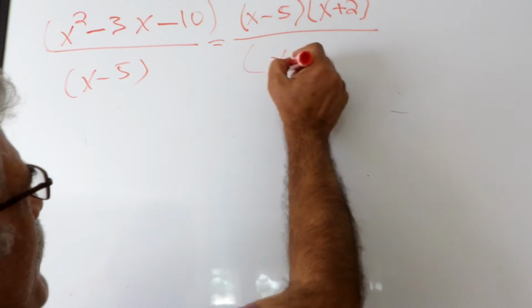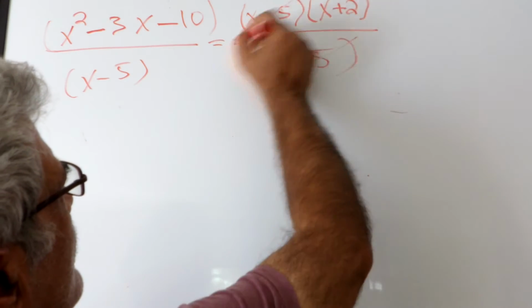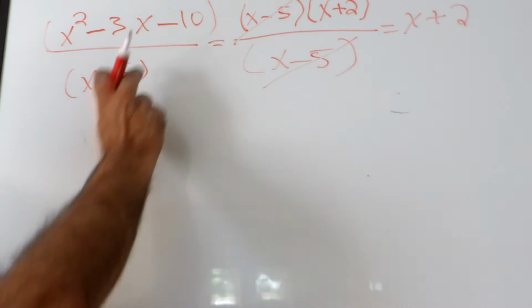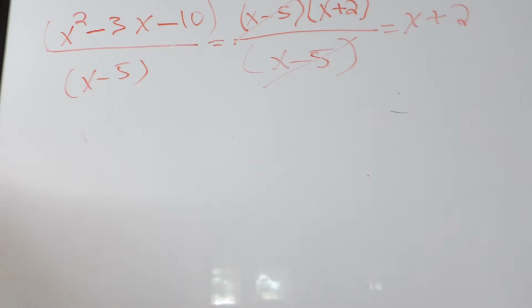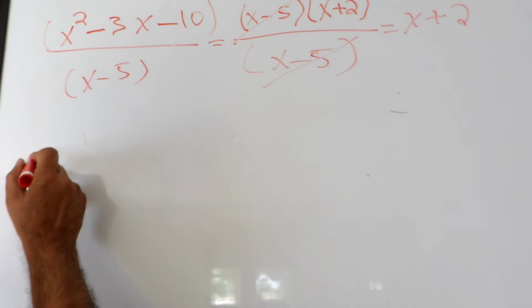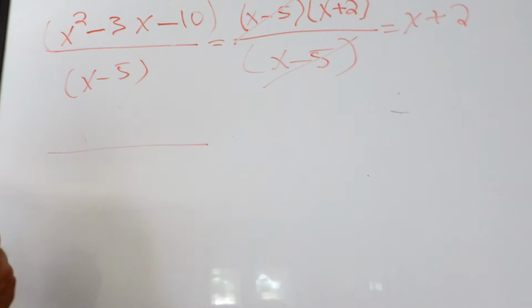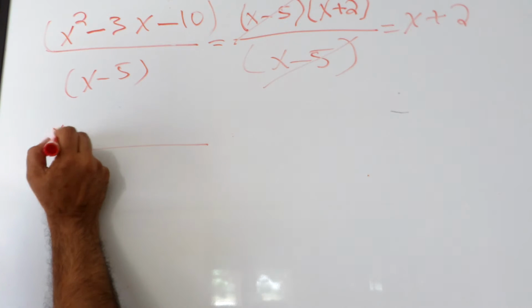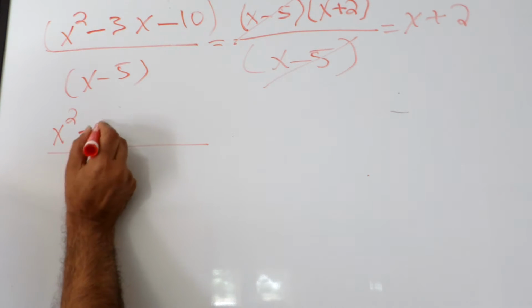So this is x minus 5, and then this cancels out. It's going to be x plus 2. So every time you see something like that, you have to factor them.